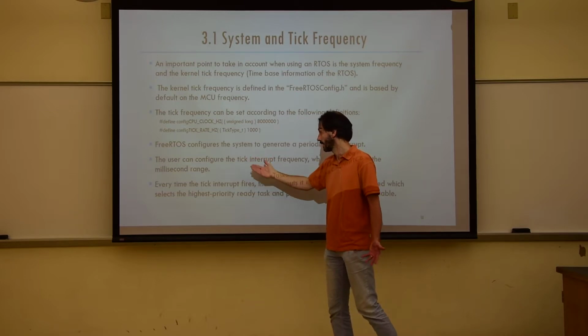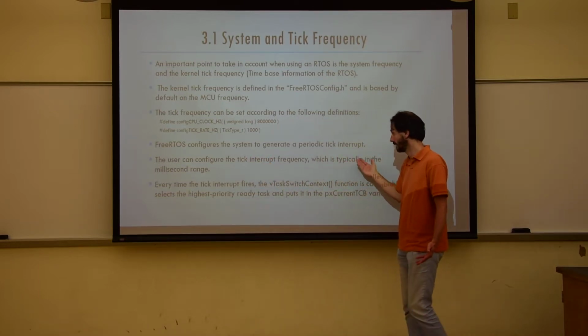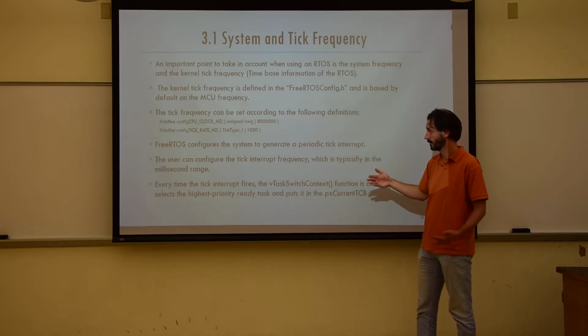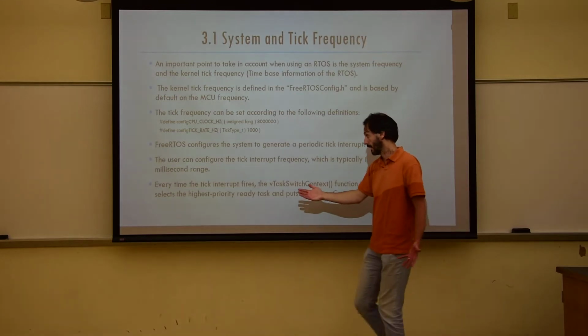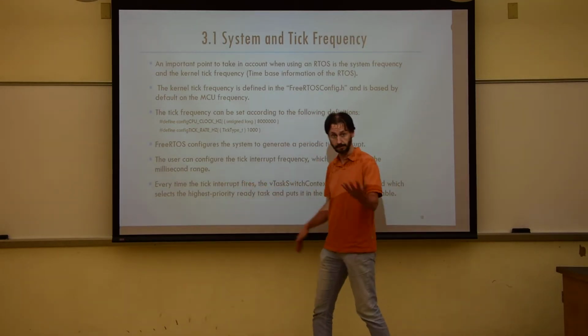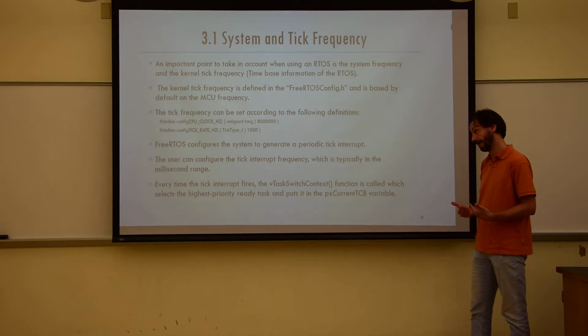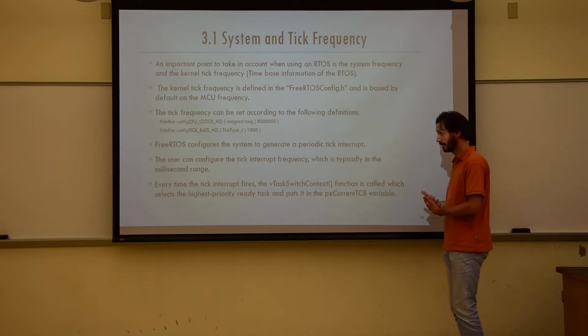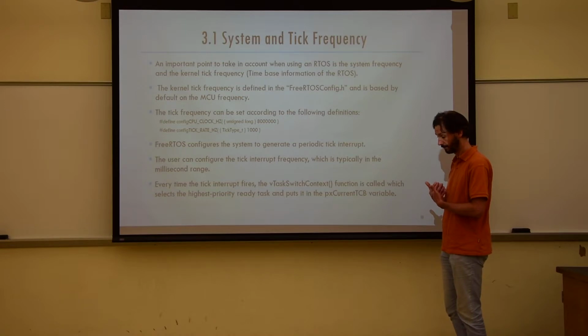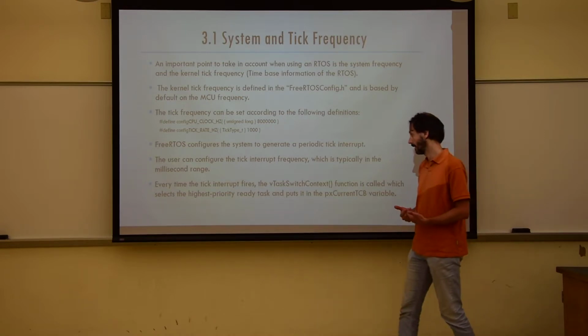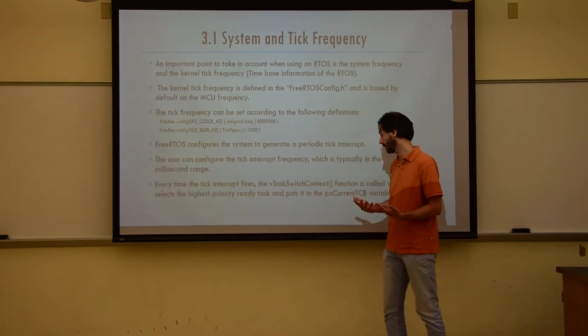Usually the tick is being set in the millisecond range. That's probably what you will be playing with. And so every time the tick interrupt fires, as explained in the last lecture, a whole bunch of things is happening. But in FreeRTOS it's coded up in a couple of different functions.